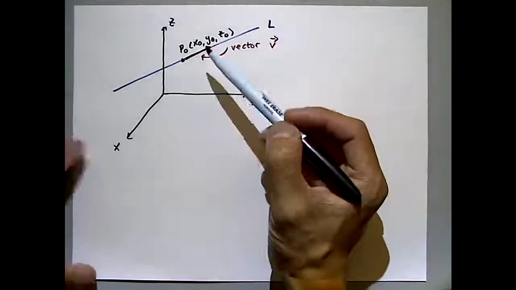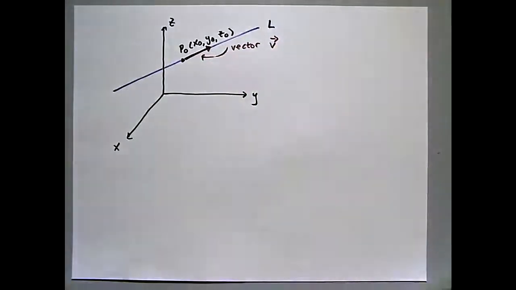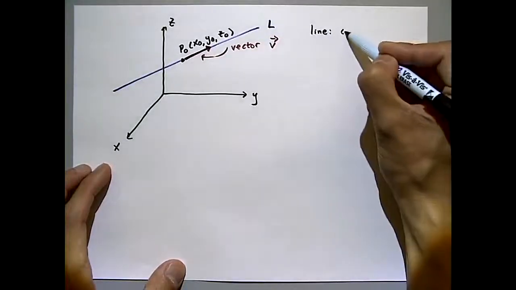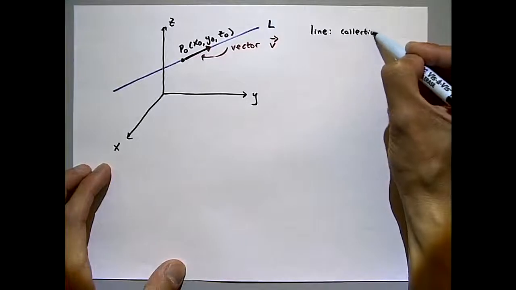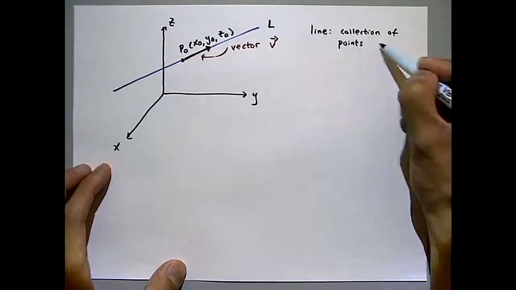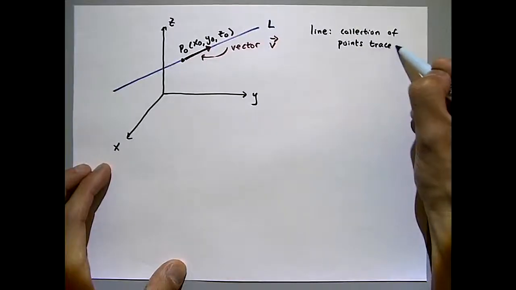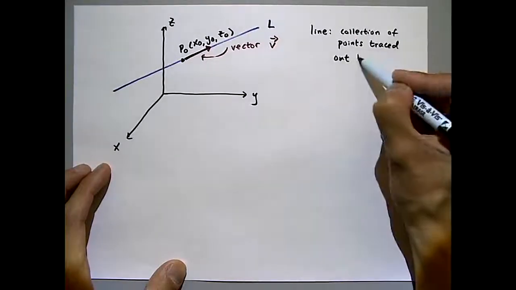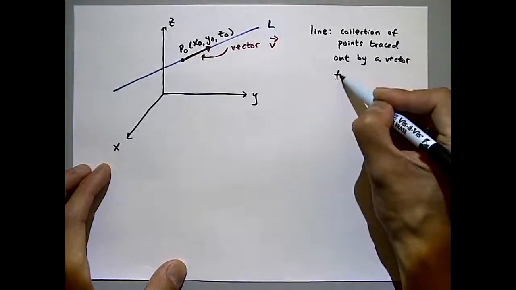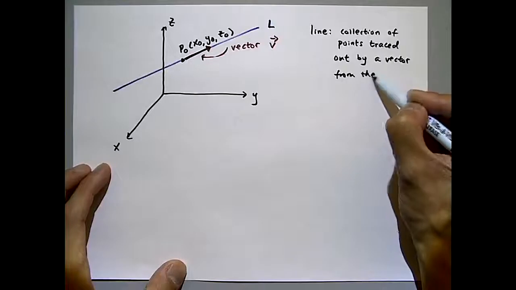Now to make this line here, what we're going to do is, again, remember it's a collection of points, traced out by a vector from the origin.